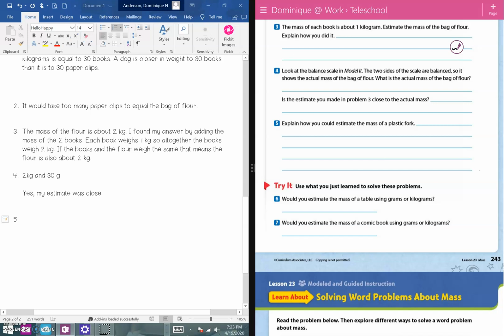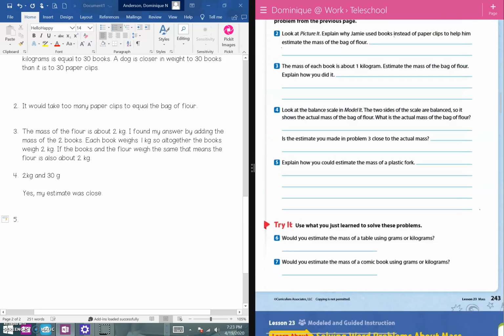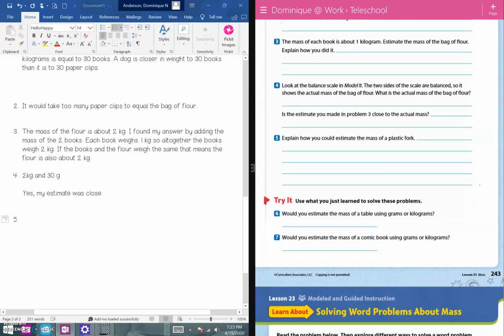Well, we could use a scale, just like they did here. Sorry, we wouldn't use a scale because the scale will give us the actual mass and we're just estimating. So we would use paper clips until we got about the same amount of weight or mass as the plastic fork.